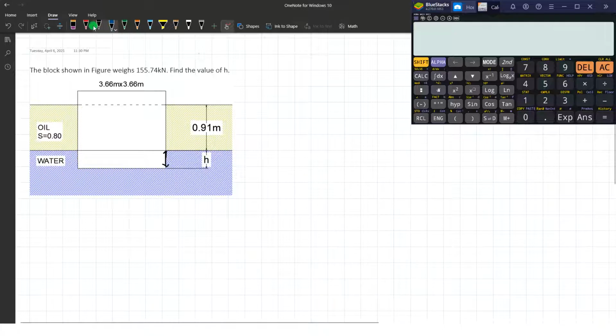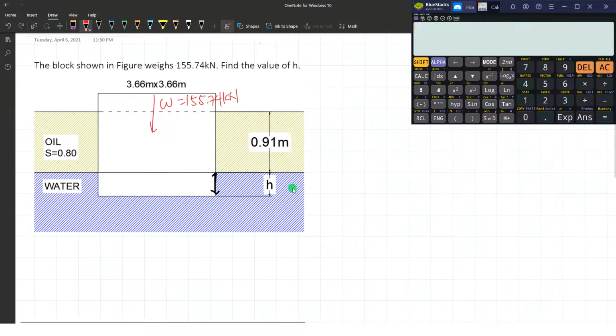So what are the forces present here on this body? We have the weight of the block, which is 155.74 kilonewtons, and we have a buoyant force, which is, since this block here is submerged in two layers of liquid, we have two buoyant forces.